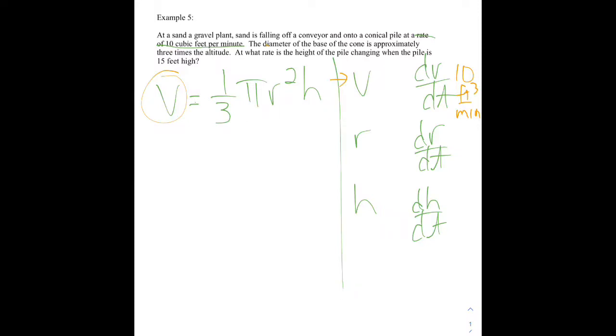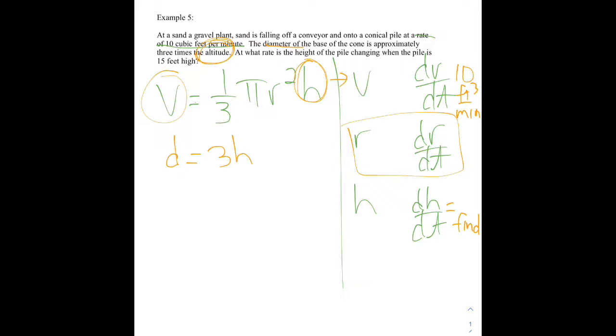Then they tell me the diameter of the base of the cone is approximately 3 times the altitude. Well, altitude and height are the same thing. They want to know how the height of the pile is changing when the pile is 15 feet high. Friends, the dh/dt, that is what they want me to find.